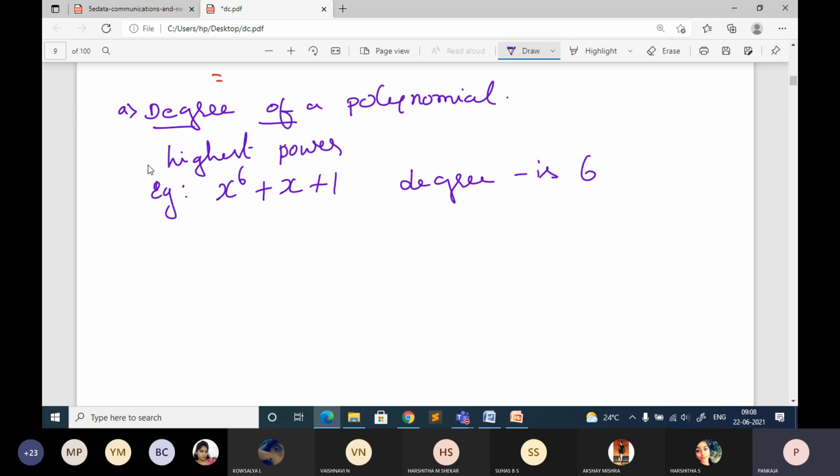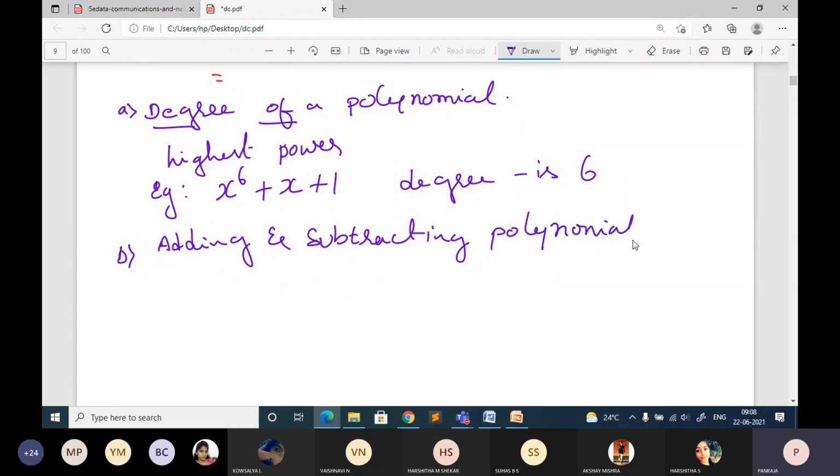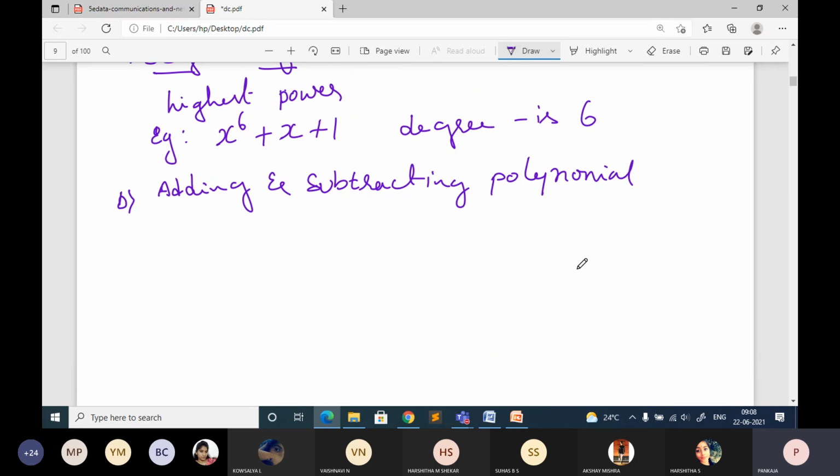Next we'll move on to addition and subtraction, that is, adding and subtracting polynomials. So how are you going to do this?